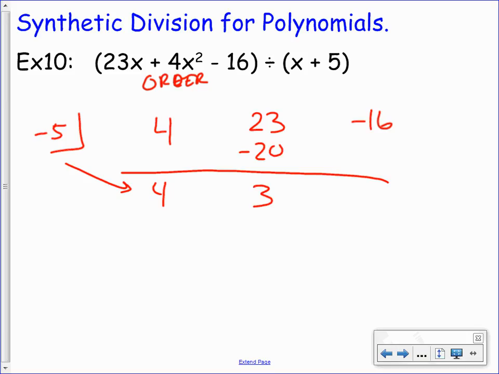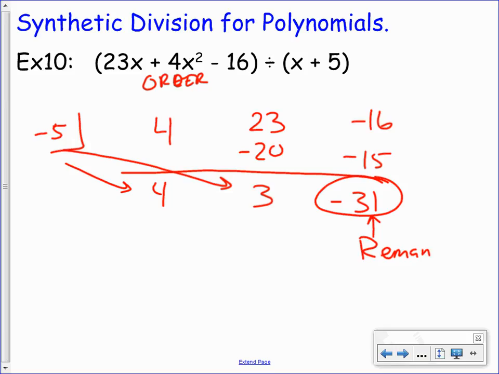That's 3. Then negative 5 times 3 is negative 15. Add it. If you have something in this last spot, that's your remainder. So it would go 4x plus 3 minus 31 over.